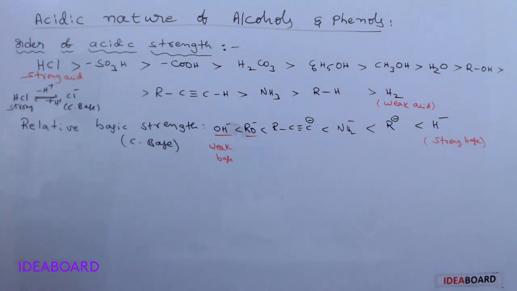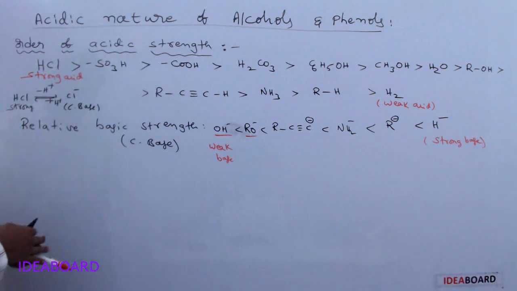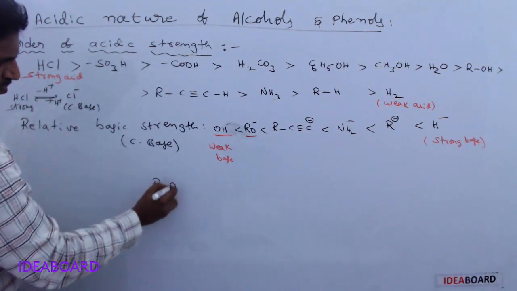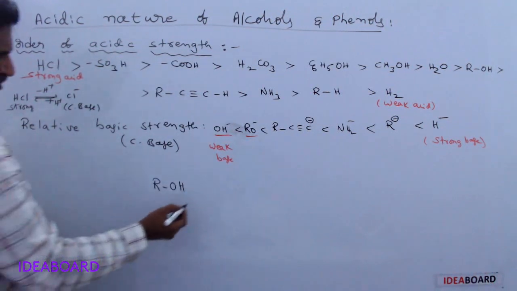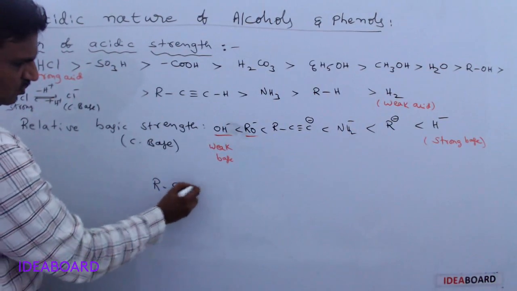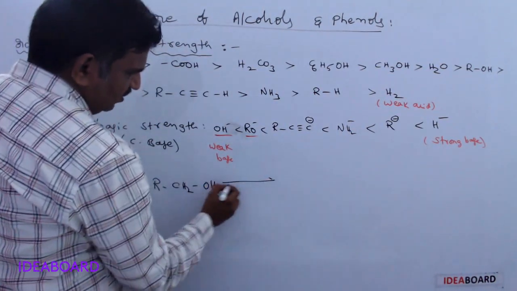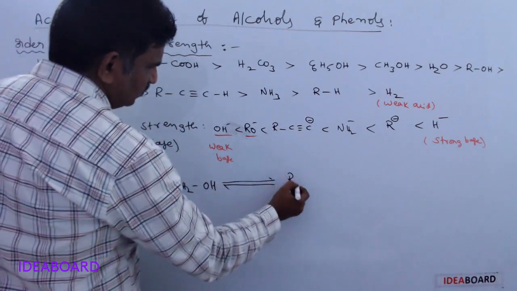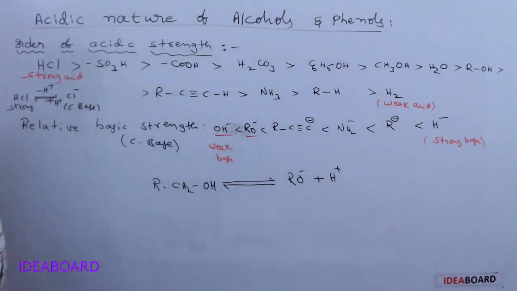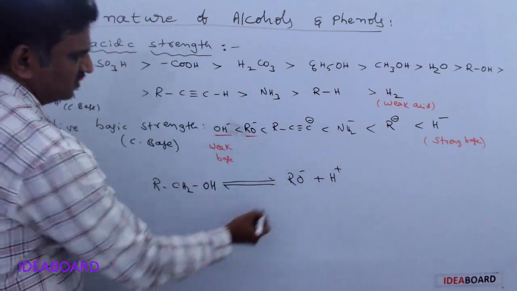Okay, and next, how alcohols behave as acids. For example, we have ROH, or RCH2OH. This is an alcohol. If this is dissociating, the alcohol dissociates to give RO minus and H plus, a proton and an alkoxide ion.